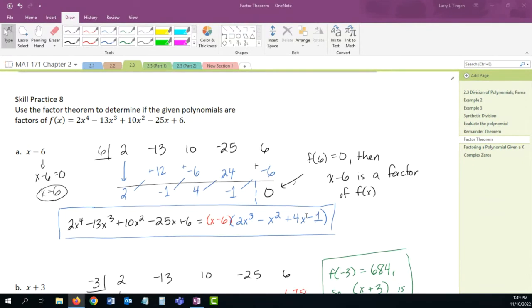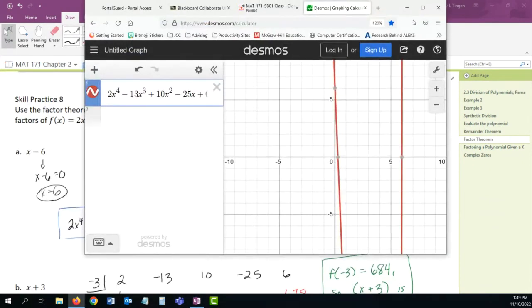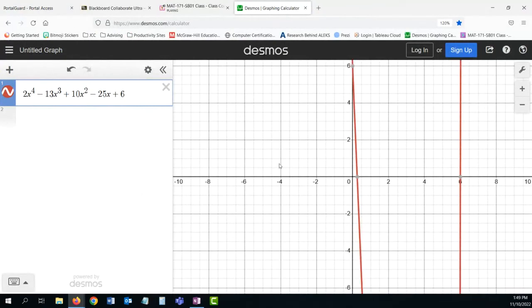And that means it divides evenly. What else does this mean? Well, f at 6 is 0. That is an x-intercept. All right?